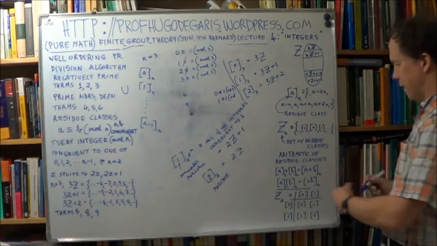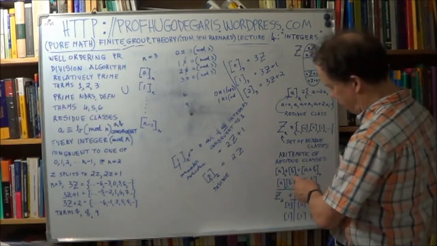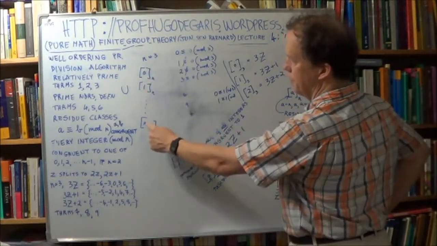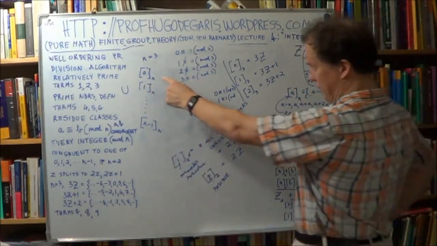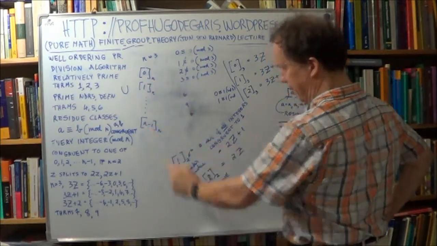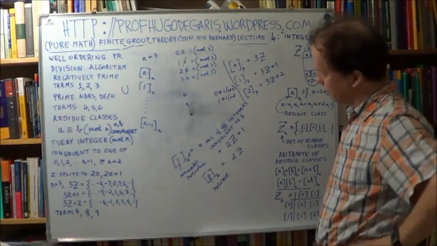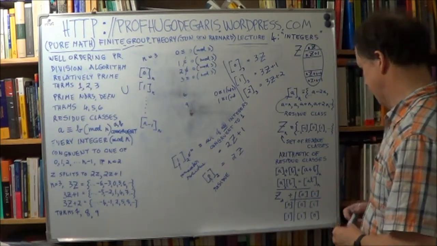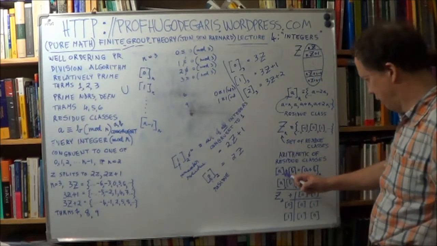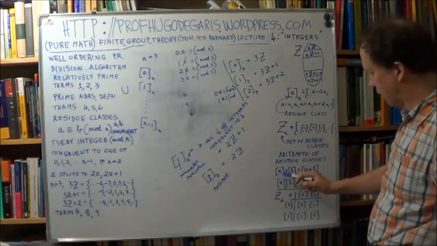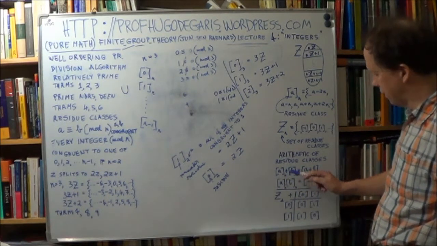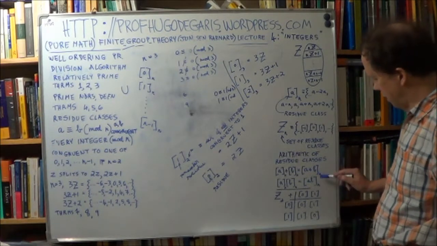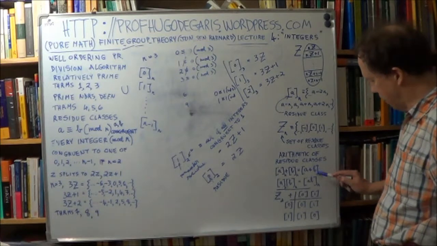Now if your modulus is n, you will have n of these residue classes, and you can add them in the following sense. So let me try to prove this case. Residue class A mod n plus residue class B mod n is equal to the residue class of A plus B mod n.